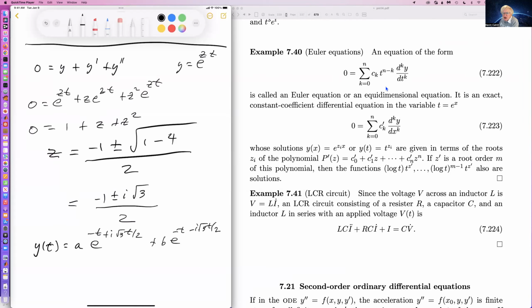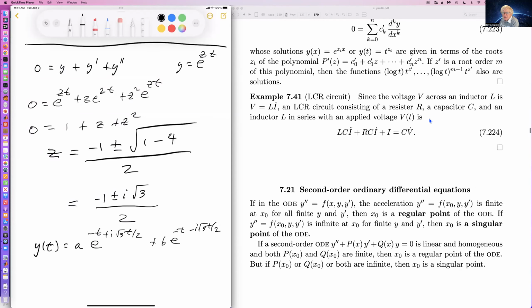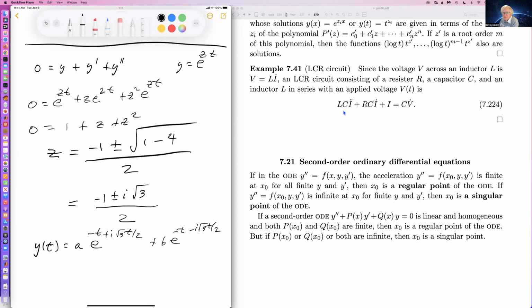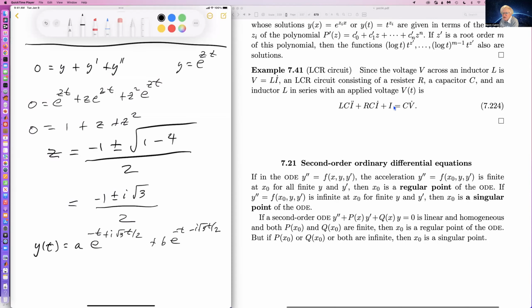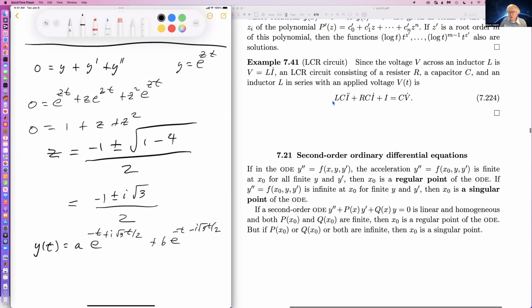If you had an equation like this, it's called an Euler equation. Well, this is quite specialized. So here we have an LCR circuit. This is the voltage across the inductor, across the capacitor, across the resistor. Anyway, you get this differential equation.